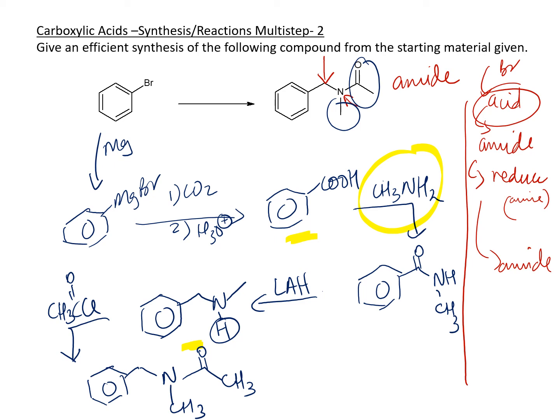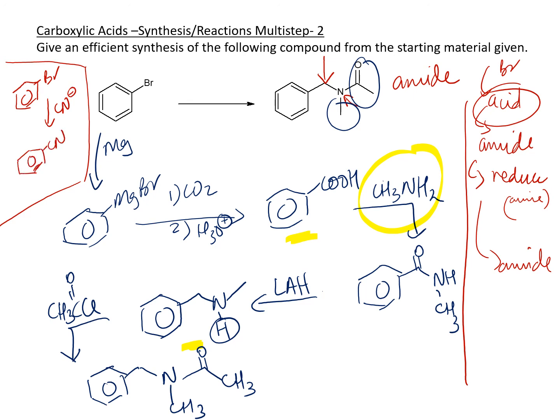Now, one of the mistakes that I see a lot, and I don't want you to do this at any point. I'm going to write this on this side, because obviously I run out of room all the time. It's a very common mistake to do this. So you want to do a substitution on the benzene ring so you can get a cyano group on there.